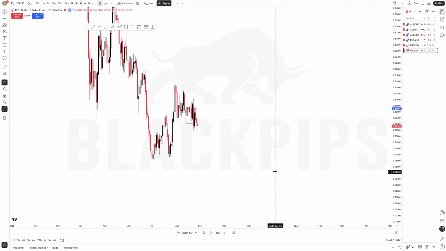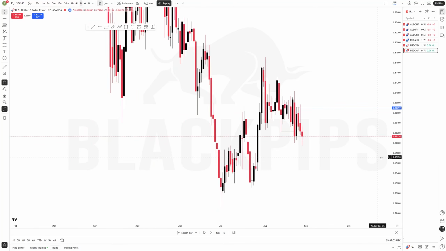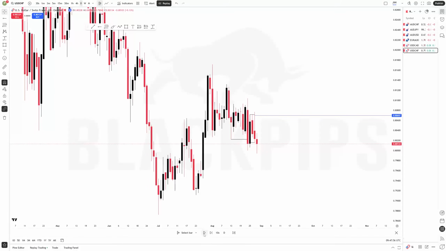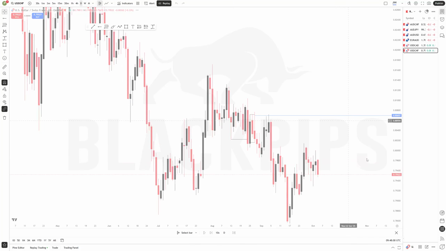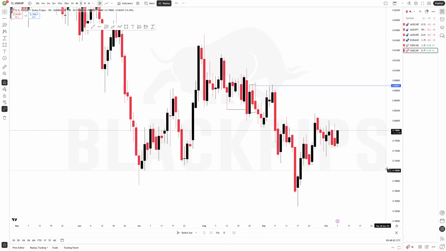So if you go back to the daily time frame to speed up the process, you can see the market just came, smashed that entry, and went below. So that was how this pair was traded, by using those entry techniques.